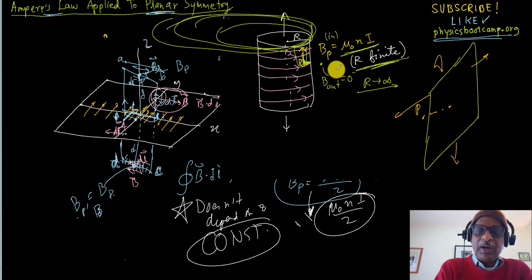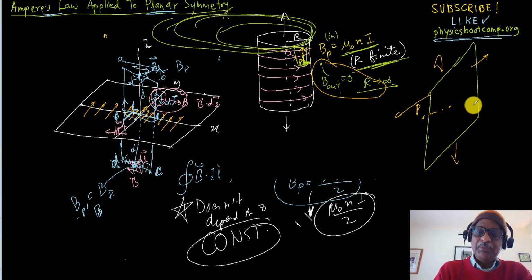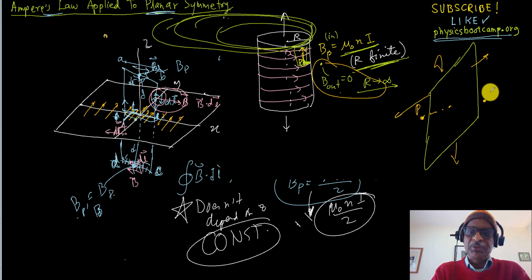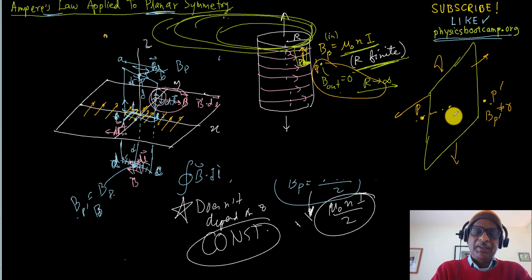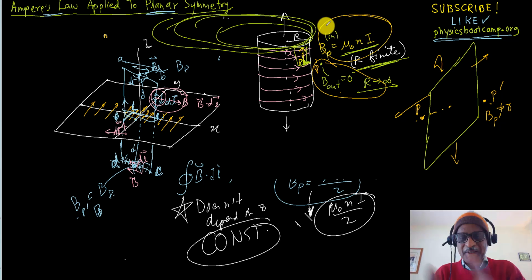While this side was 0, now you not only have the magnetic field over here, but you have a magnetic field over here too. So this was like a P prime, and now B at P prime is not 0 anymore. So you might say that this is half the magnetic field that used to be here, so the magnetic field is kind of distributed.